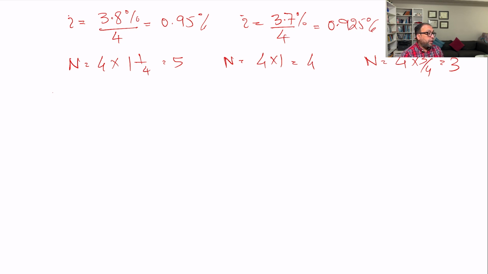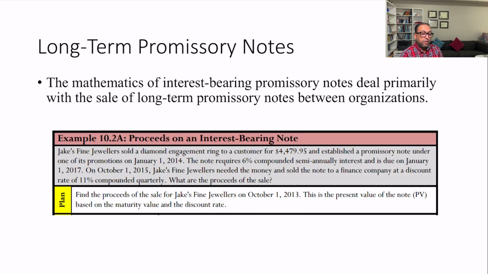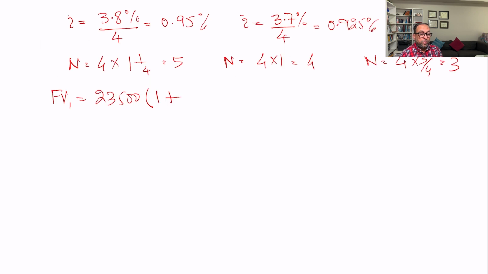So we can calculate the future value 1, which is 23,500 into 1 plus 0.0095 exponential 5, right?